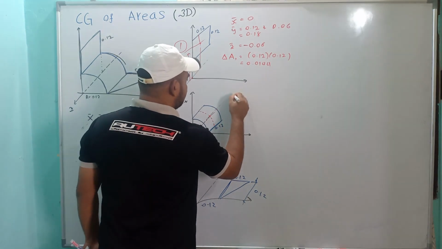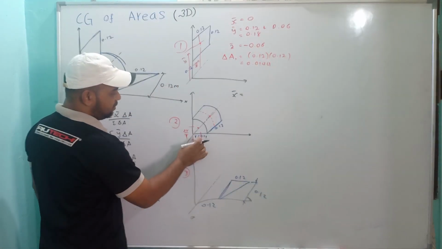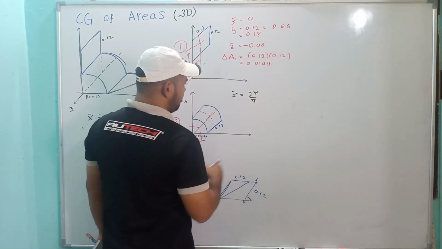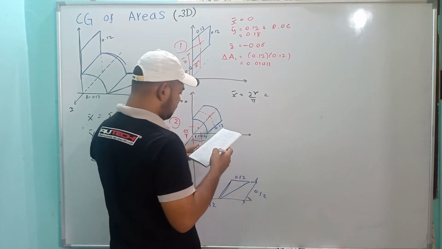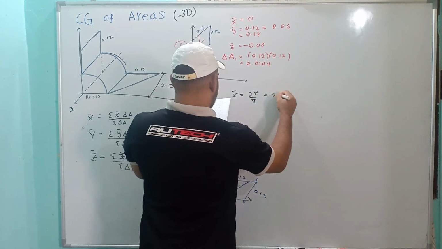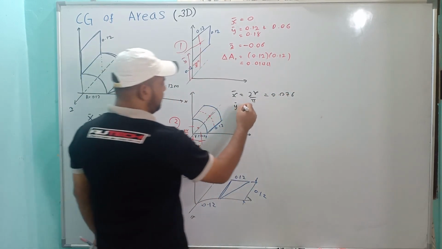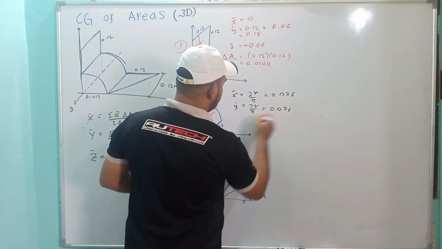The x bar, looking from here to this direction, is 2r/pi, positive. You have calculated this one, 2r/pi, which is 0.076. The y bar is also from here to up there, 2r/pi, equal to 0.076.